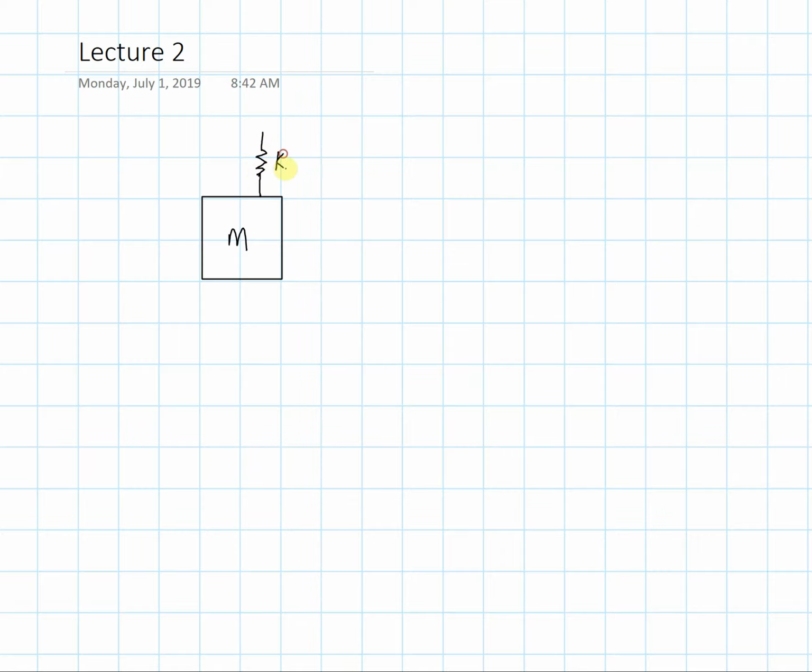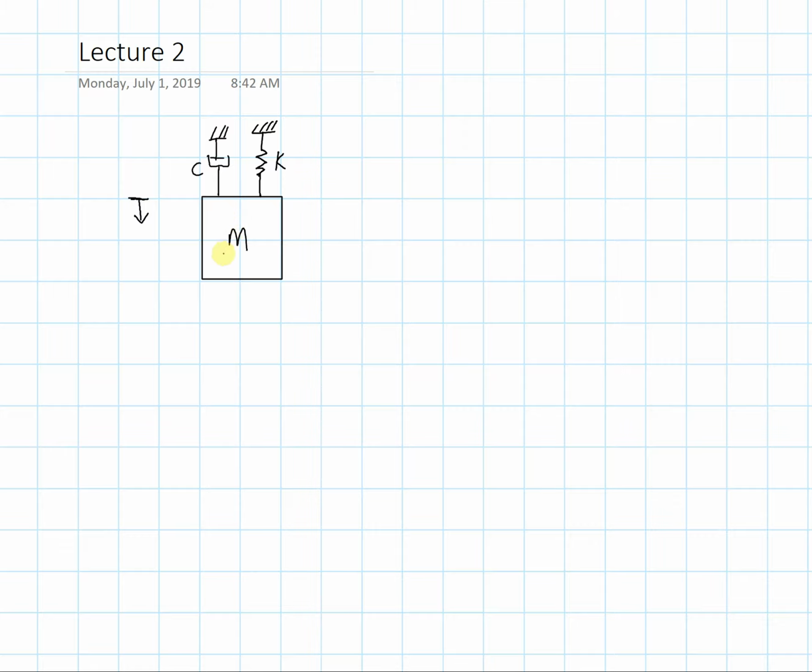It has k as its parameter, and there is also a dashpot element which we're going to call c, and it's also hung from the ceiling. What we're going to use for measurement is the stretched position. If you recall, in the last lecture we talked about the unstretched position. This time it is the stretched position. That means that this stiffness parameter is already at equilibrium with the gravitational pull.